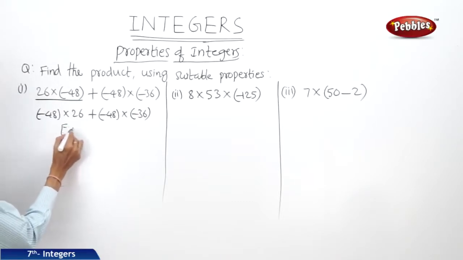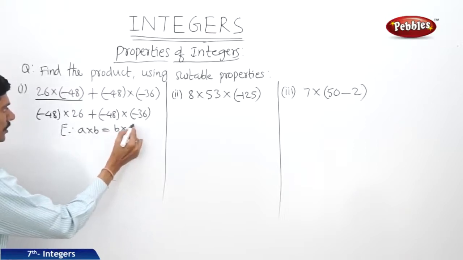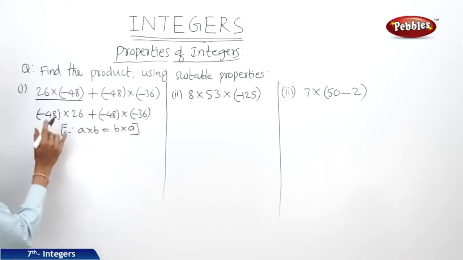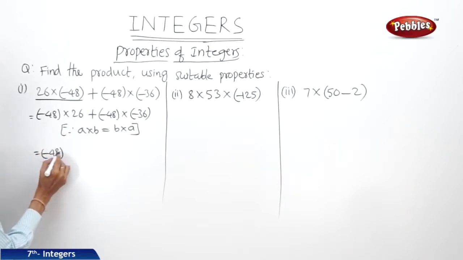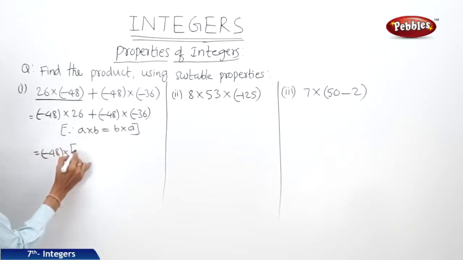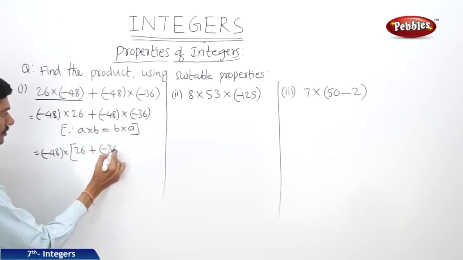Since a into b equals b into a, now we can use the distributive property of multiplication over addition here. So we can write minus 48 into (26 plus of minus 36).